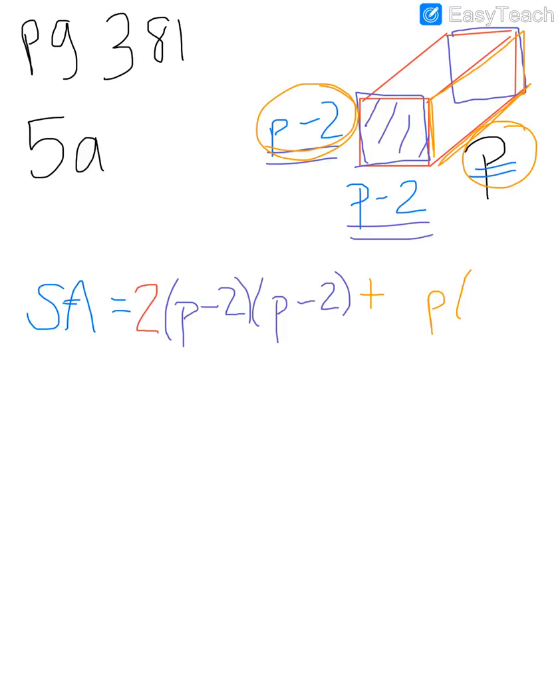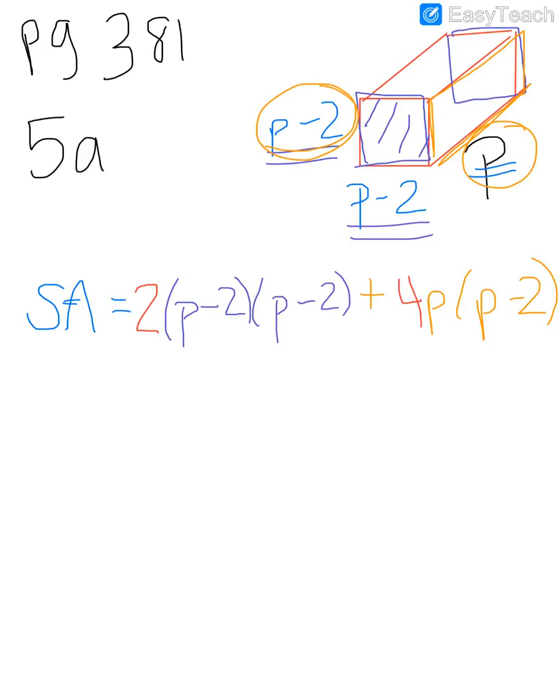So p times p minus 2. Then we have to multiply that by however many rectangles there are, and in any rectangular prism, there are 4 rectangles. Okay? So this step would give you 3 to 4 marks.